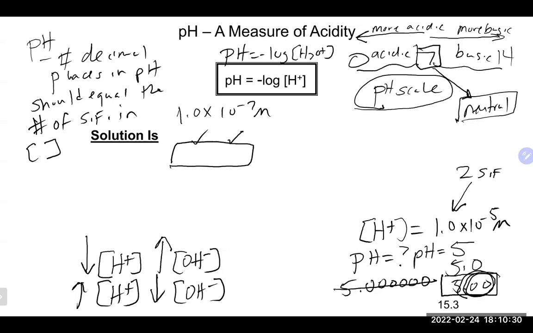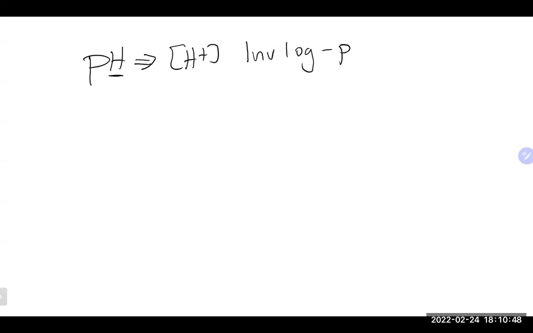So if we are given the pH, we could calculate the H plus concentration by taking the inverse log of the minus pH. Now you may be asking, what is the inverse log? For a lot of you, it is how you put things in scientific notation in your calculator incorrectly.